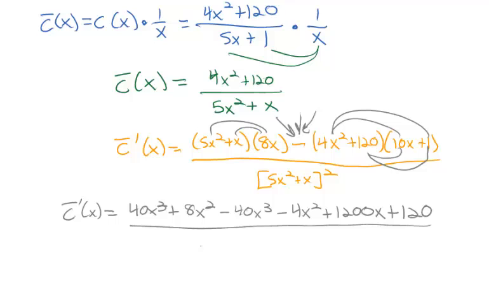Let's go ahead and multiply it out, why not? 25x to the 4th plus 10x cubed plus x squared.